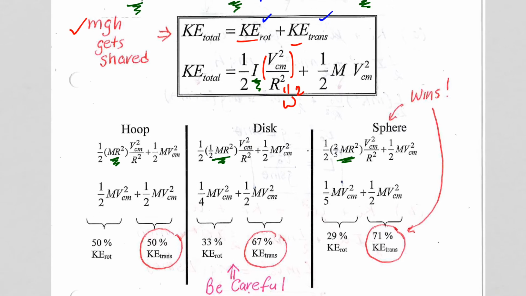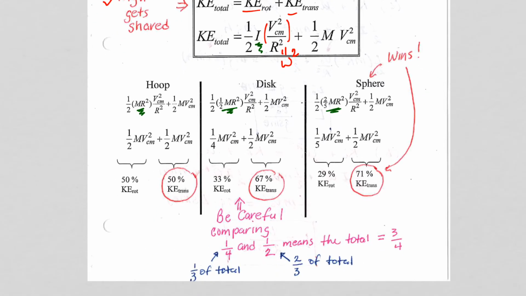Well, let's look at the disk, because we kind of know that result. The disk that we just solved for, the acceleration, was 2/3 g sine theta. Well, here's your 2/3. 2/3 of the kinetic energy goes into translation, 1/3 goes into rotation. And please put in your notes, because I do not want to see you become too complacent in your fractions.